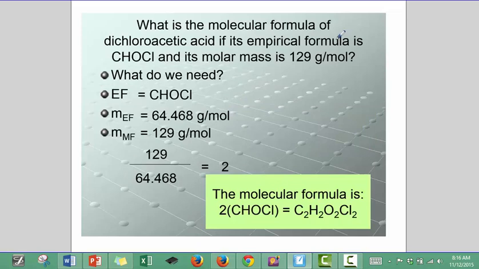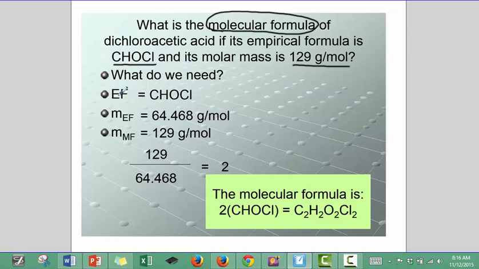In this problem, what is the molecular formula of dichloroacetic acid, if its empirical formula is CHOCl and its molar mass is 129 grams per mole? So think about those 3 things that you need. You need your empirical formula, which they gave you in the problem. This is a good start for chocolate too, by the way.